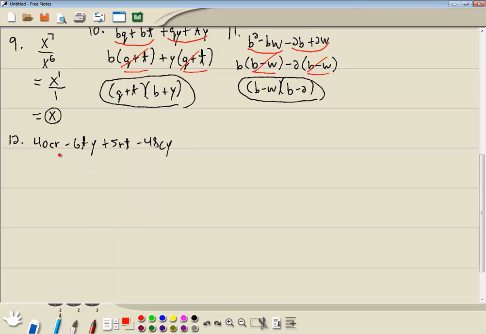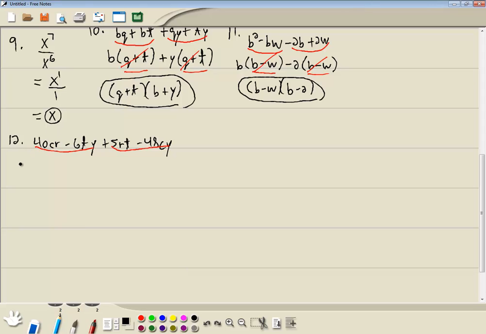The reason why I said it's not looking promising is, see how there's no GCF in all 4 of the terms. If I group these 2 together and group these together, see how the C is in the first term here, but the C is in the second term here? That kind of indicates to me that maybe I've got a problem. But let's try it.